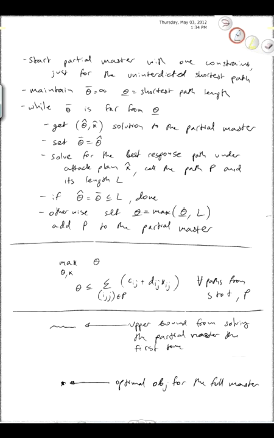But at the end of this loop, we're going to add another constraint to the partial master. So the next time we go and solve the partial master, since we've made it more constrained, the second time through, it can only give us possibly a lower upper bound. So an improved upper bound the second time through.